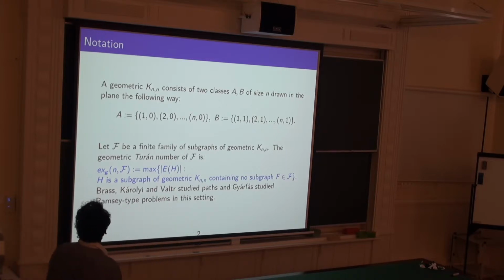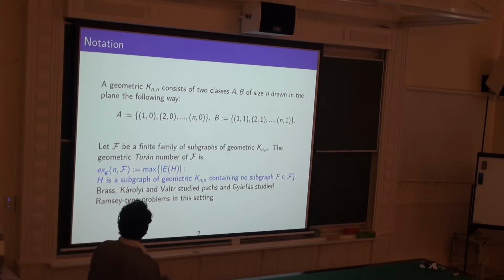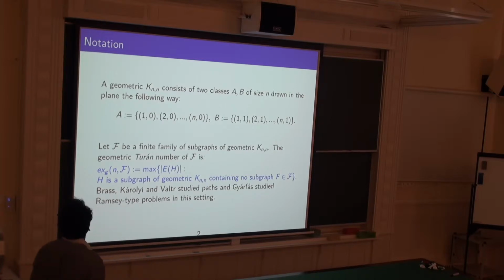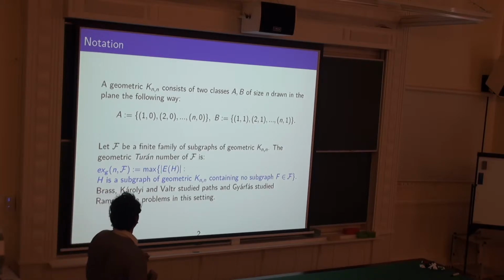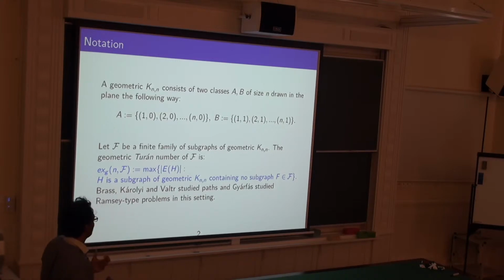And let's say F is a family of graphs which embed inside geometric K_{n,n}. The geometric Turán number is defined as the maximum number of edges you can take without containing any subgraph from the family. This is just a classical definition.